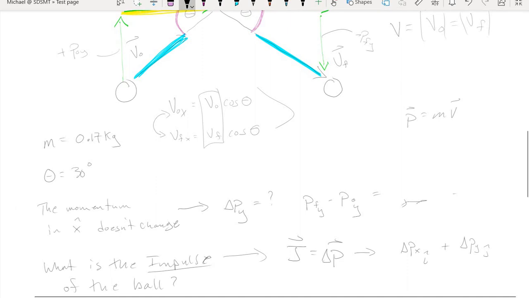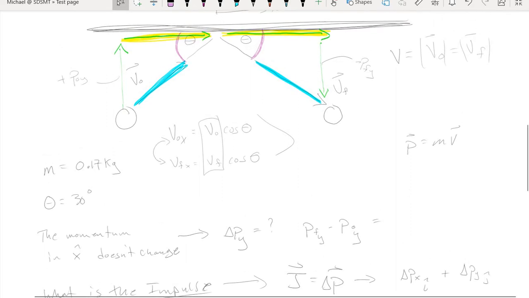We can extrapolate what the components of the initial and final y momentums need to be by using information about the y components of the initial and final velocity vectors. So this velocity component is going to be v naught sine of theta.